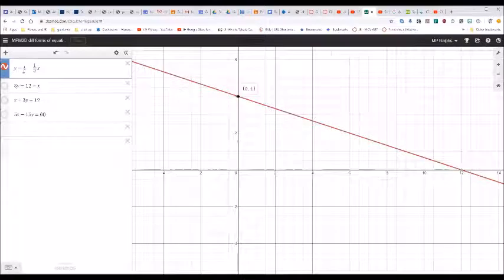Now what happens if I multiply every term in this equation by 3? Like we've done in the past with solving and rearranging equations, I do the same thing to both sides of the equation.